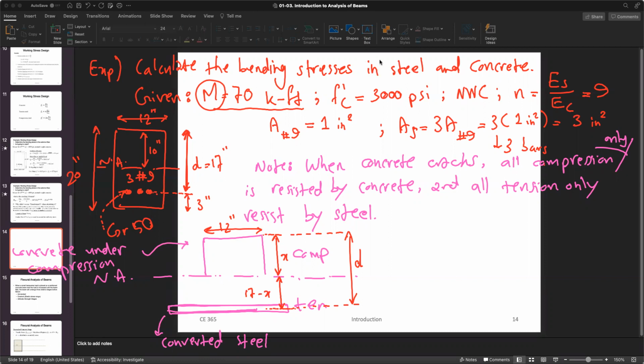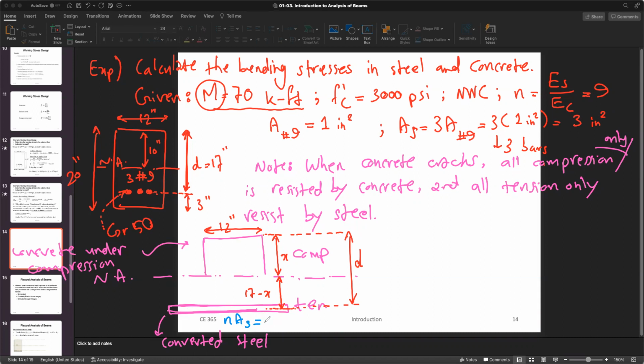And the steel amount here, if you convert it, we're going to say n multiplied by the steel amount. Why n? Because the cross-sectional area of the steel, As, needs to be multiplied by the modular ratio to enlarge it, to make it equivalent material-wise to concrete. This is a concept from mechanics of materials, by the way.